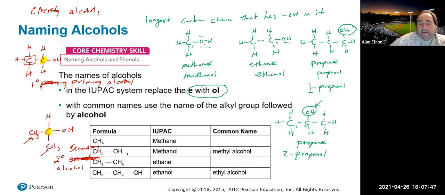Now we could also have a tertiary alcohol. So we can have a carbon that has the OH group attached to it, and attached directly to that carbon is 1 carbon, 2 carbons, and 3 carbons.